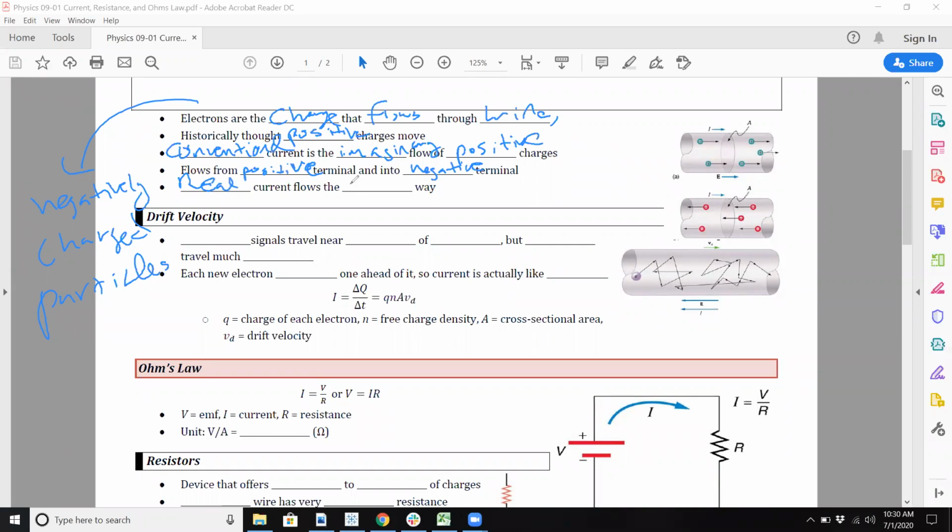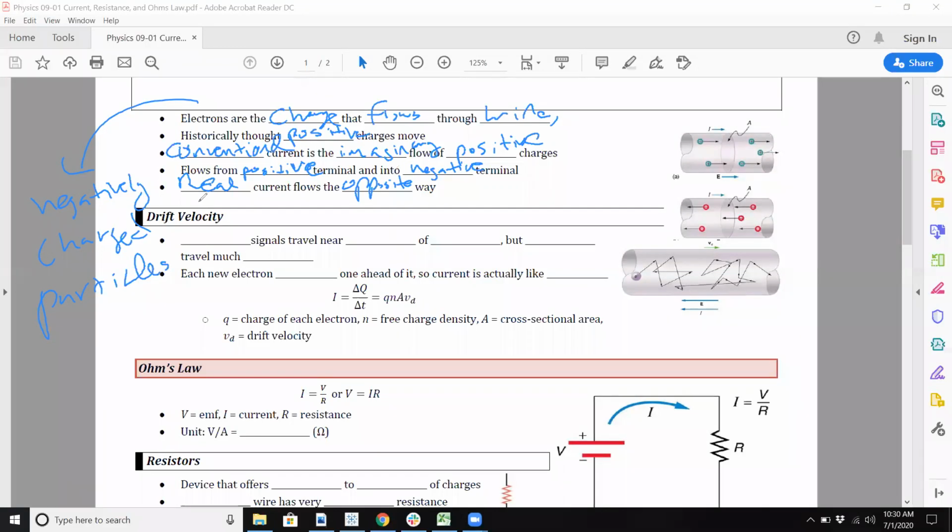Real current flows the opposite way. So just some literature stuff on this here. And I won't really be assessing on this stuff, just so you know. I just want to go through it.